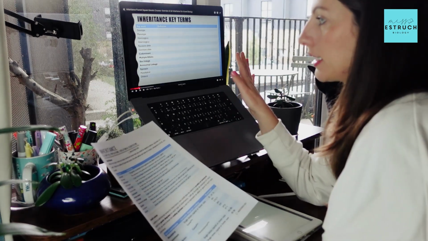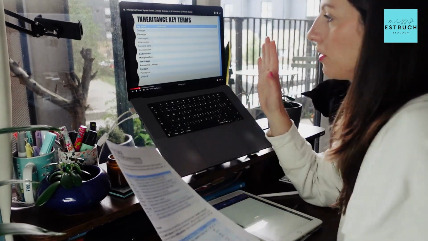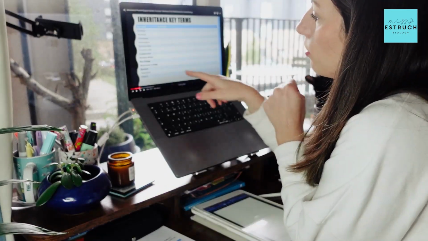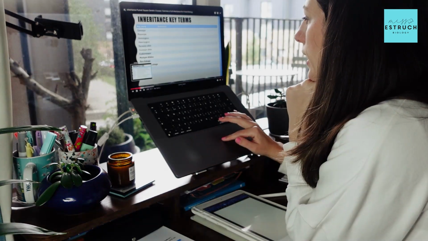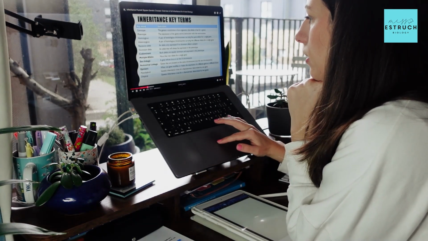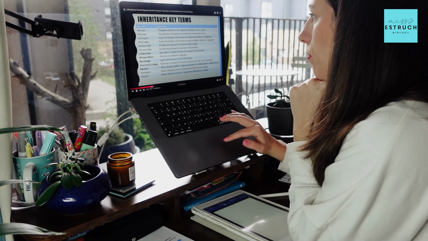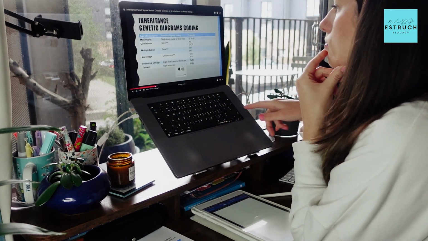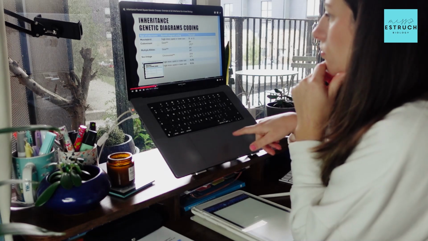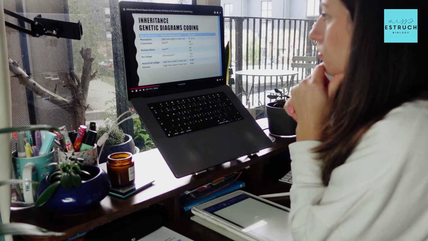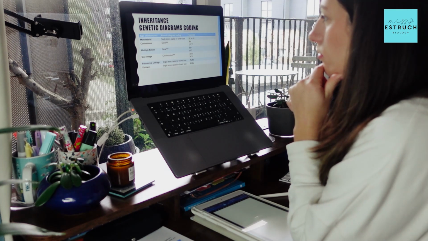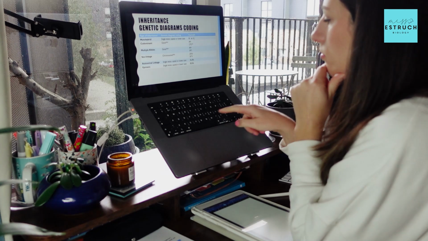test yourself. So if you don't have my notes, but you think you do remember this information, or you want to test that you do remember it, then go through all of these and test yourself. So that's the definitions, but we've done definitions. So I'm going to skip on to the coding. The coding then of all of these types of inheritance: monohybrid is where you would just pick one letter which represents the gene, and the capital will represent the dominant allele, and the lowercase represents the recessive allele.